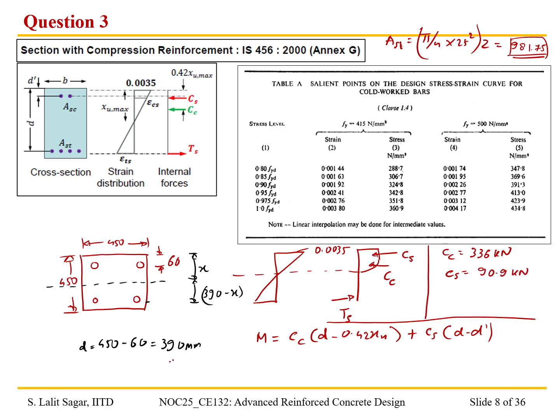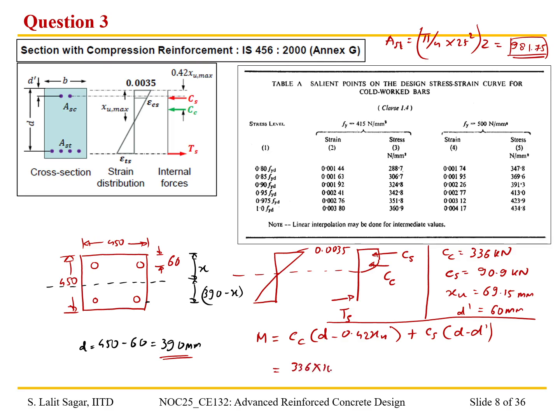Okay. And d we know is 390 mm, and xu is 69.15, as we have already determined, and then d prime is 60 millimeter. So we can plug in all these values and see what moment capacity we get.